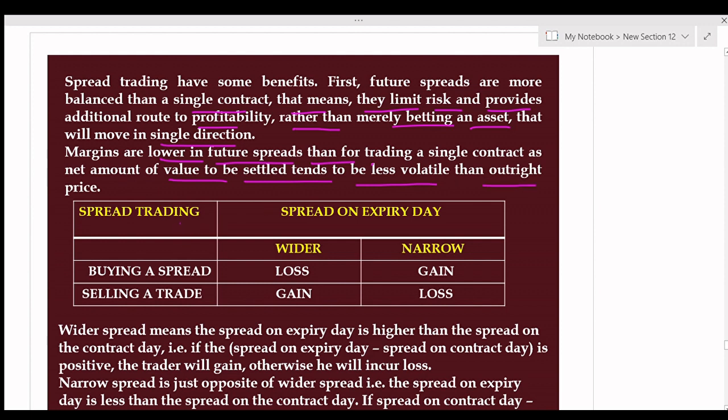In spread trading, when buying a spread, if it is wider on the expiry date then the trader will incur a loss, and if it is narrow he will gain. And in a selling trade, if it is wider on the expiry date then gain, and if it is narrow then loss.